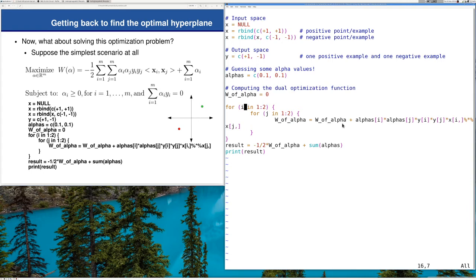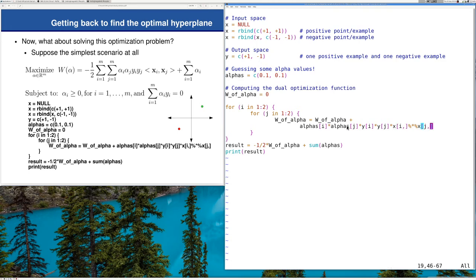For every i and for every j, as you might see in our formulation, inside I will multiply alpha i, alpha j, yi, yj, and the inner product, the dot product of xi, xj. So W of alpha will be equal to itself plus that term.